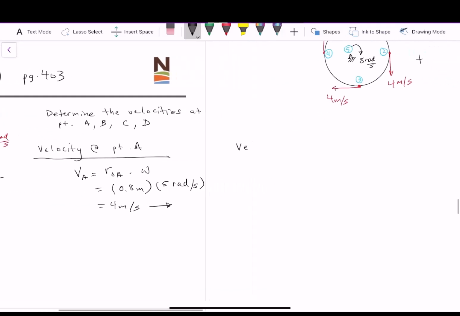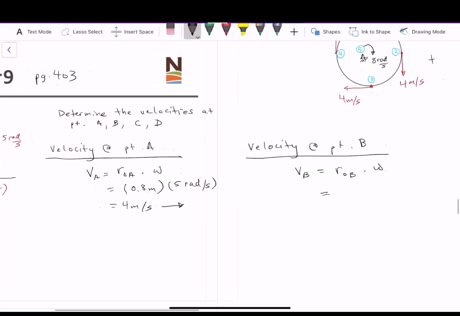Now let's take a look at the velocity at point B. So VB is equal to ROB times omega.